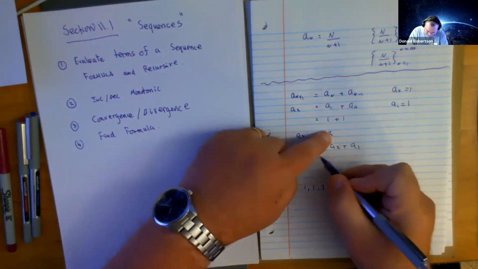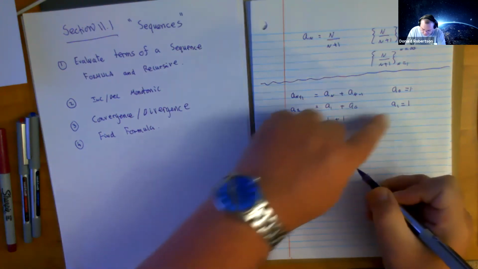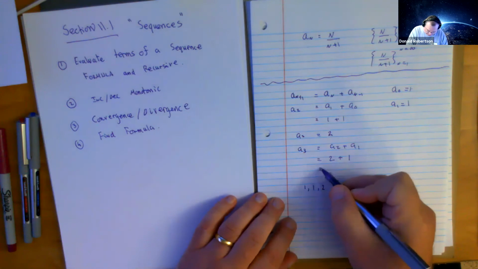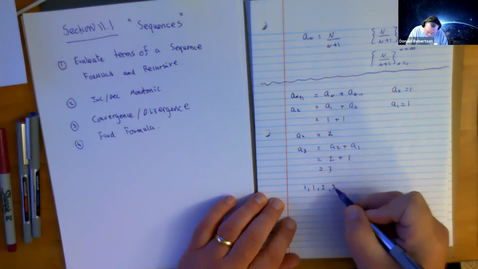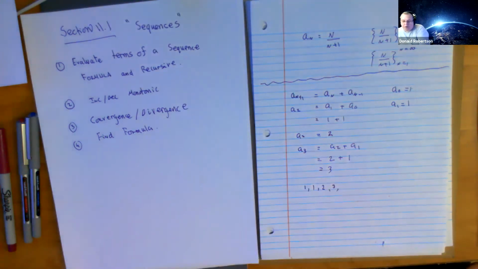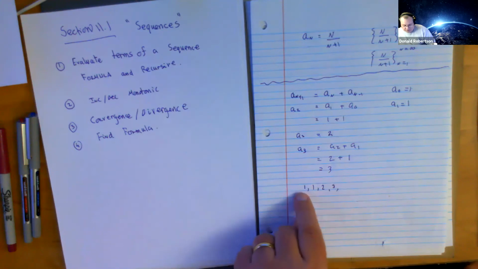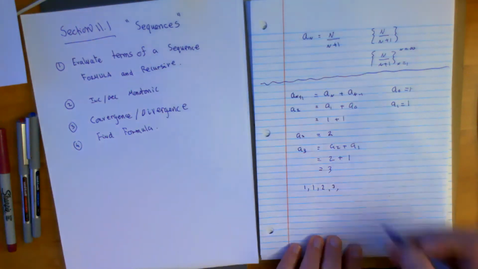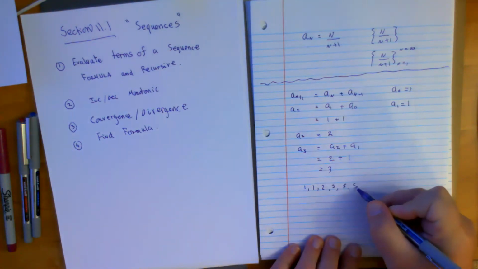A2 is this guy, A1 is this guy, and I now have 3. Can you see what sequence is going to get generated by this recursive relationship? Fibonacci? Yeah, the Fibonacci sequence.